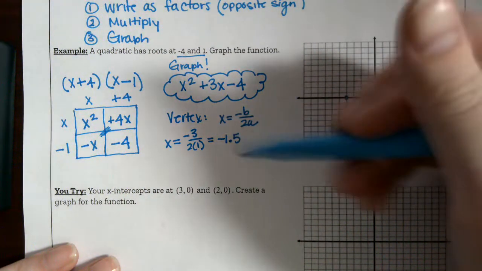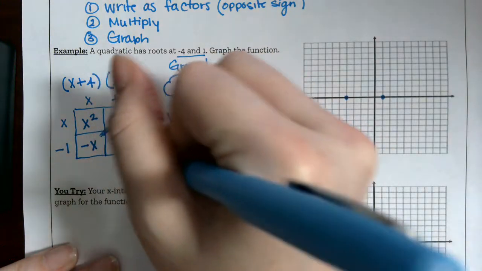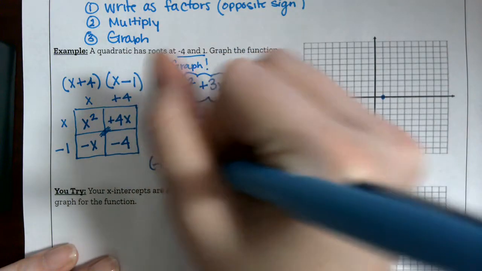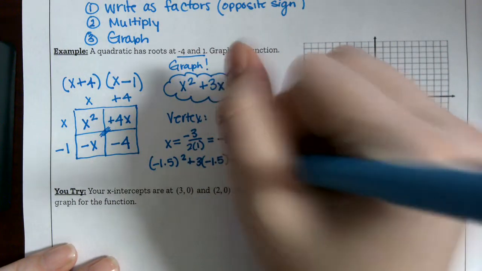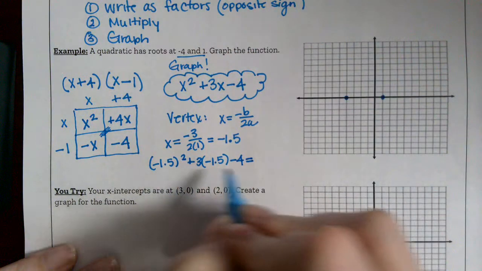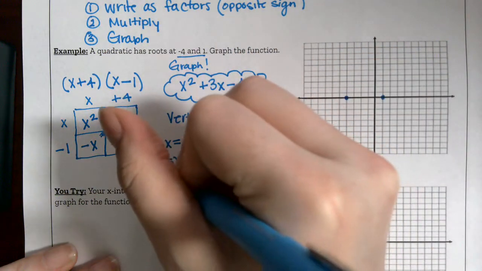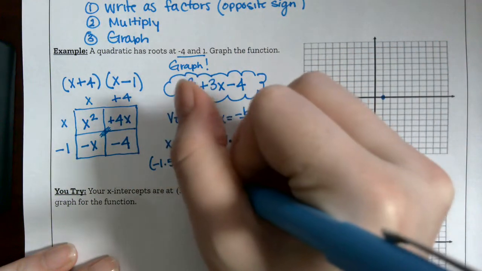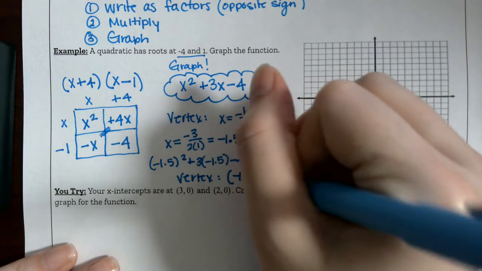And then you're going to take that x value and plug it back into your equation that you created to figure out what the y value for your vertex is. And you can plug all of this into your calculator and you get -6.25. So my vertex is -1.5, comma, -6.25.